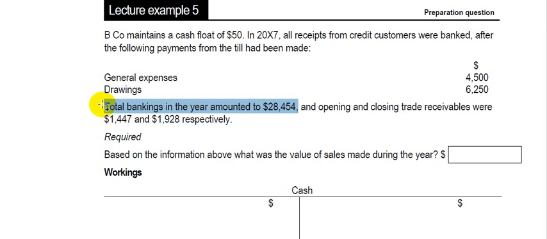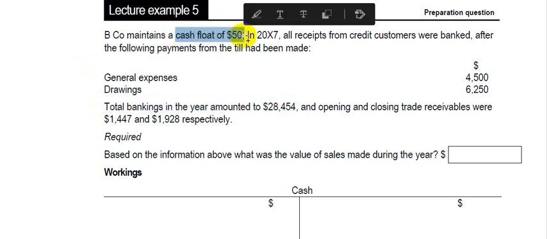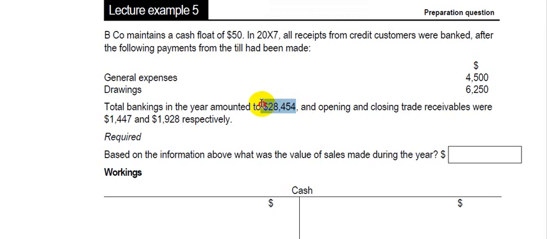The 28,454, we are told, were total bankings in the year. You are working with a cash float, meaning this is cash you are keeping on your premises. So this 28,454 is cash which you are taking from the float and taking to the bank.